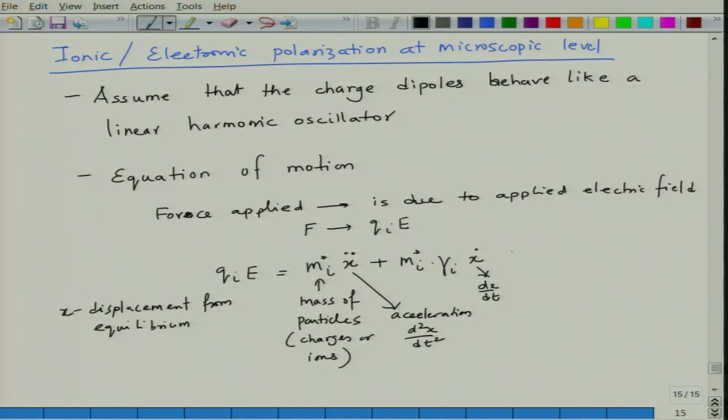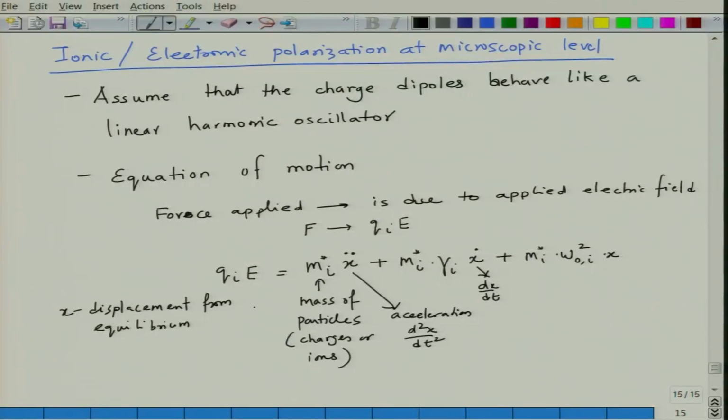And then we have another term which is essentially mi star into omega oi square into x. The third term is basically, if it is a simple harmonic oscillator where the charges are connected through a spring, there will be a restoring force. So there will be acceleration, there will be a restoring force, and there will be a damping. The first term is because of acceleration.